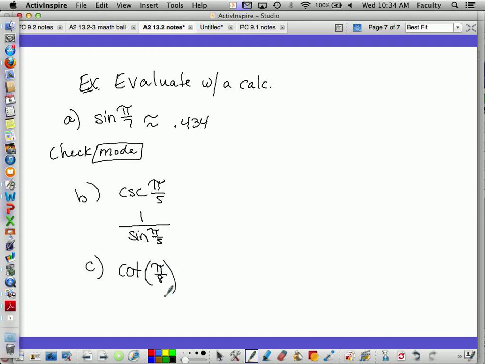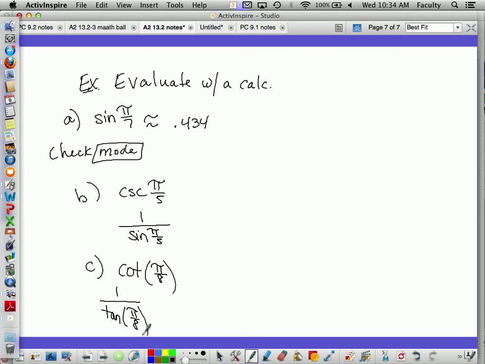Okay. Let's try one more. Let's do cotangent, pi over 8. So first of all, and you should do this on your paper, what should we write down? What are we going to end up typing in the calculator? 1 over tangent pi over 8.